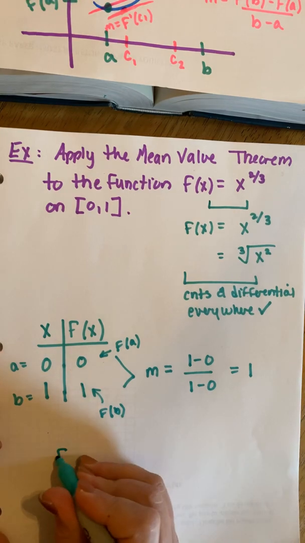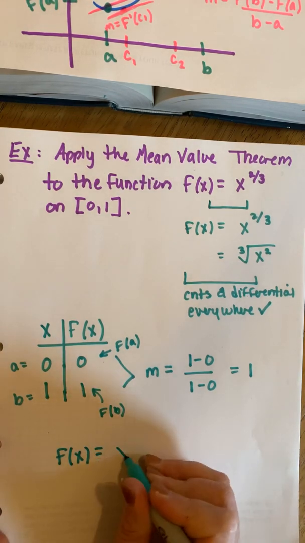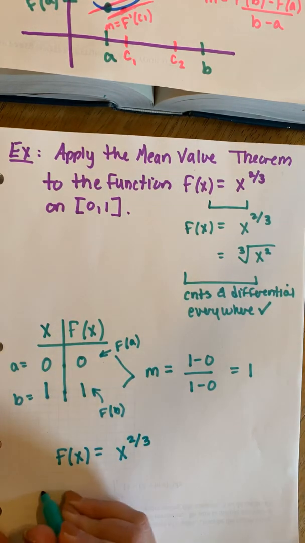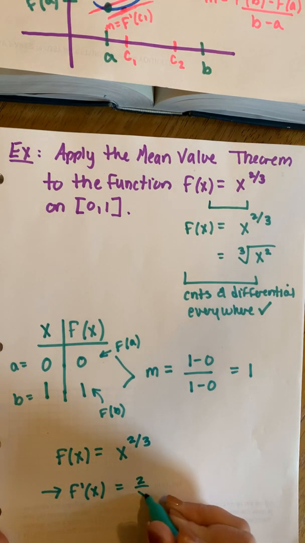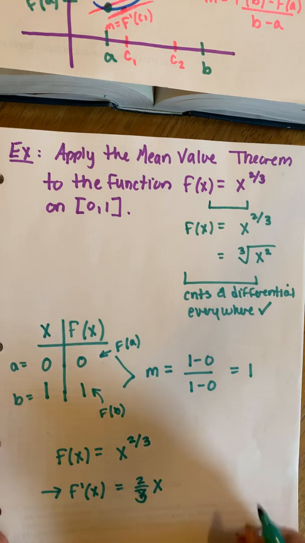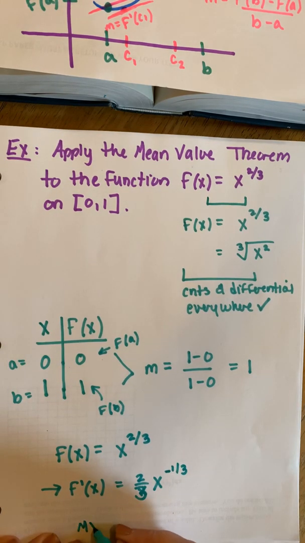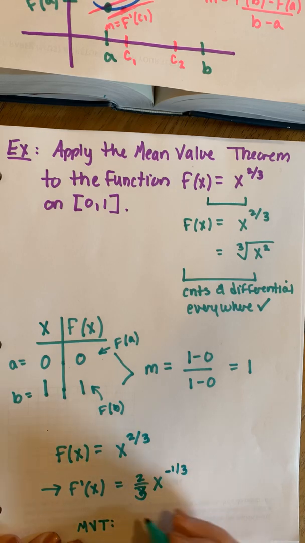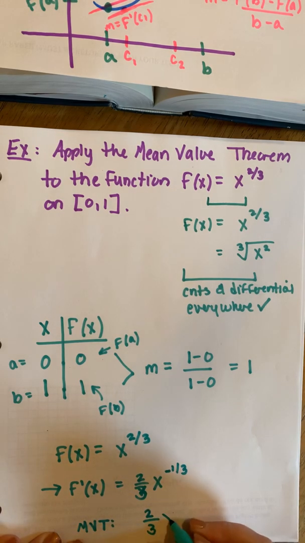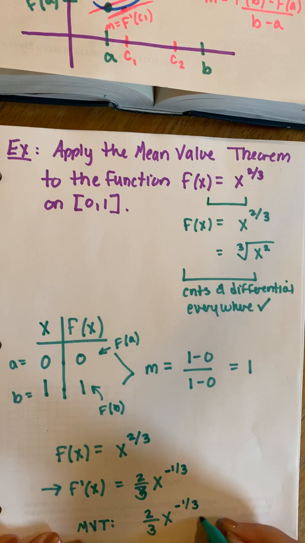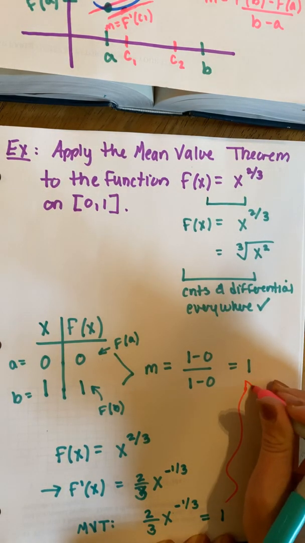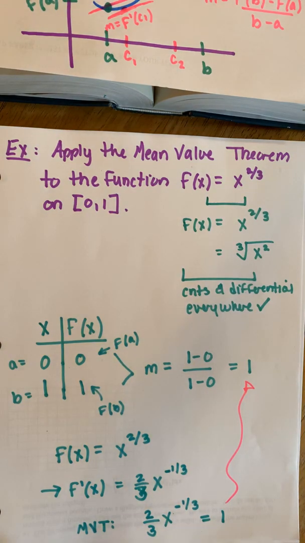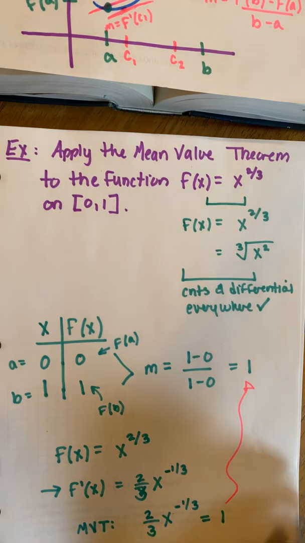So I take my function, I take its derivative, 2/3 x to the negative 1/3, and then the mean value theorem says that we're going to be able to find a value of x such that 2/3 x to the negative 1/3 equals the slope, and we get this point from the slope of the line connecting the endpoints. So now we just have to solve this algebraic equation.